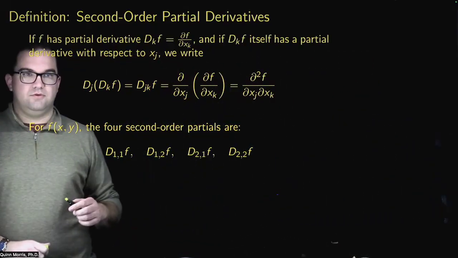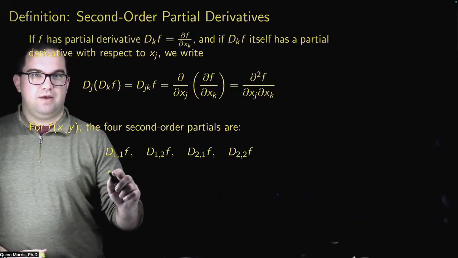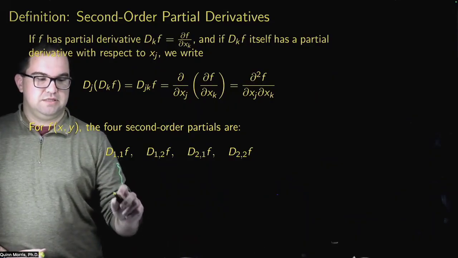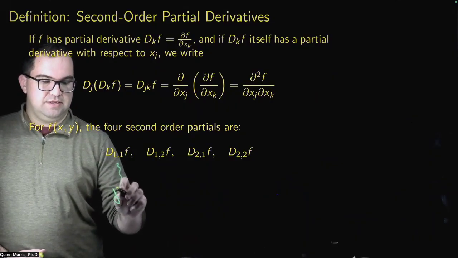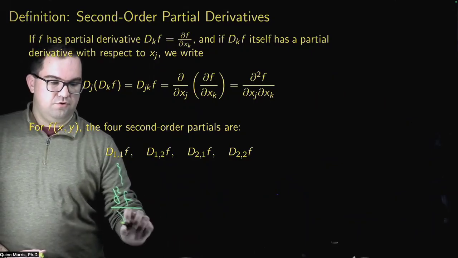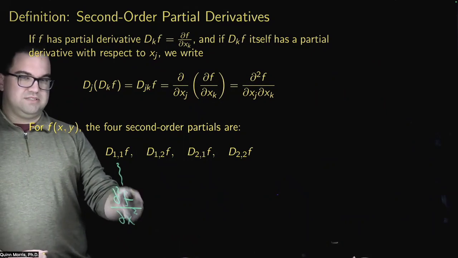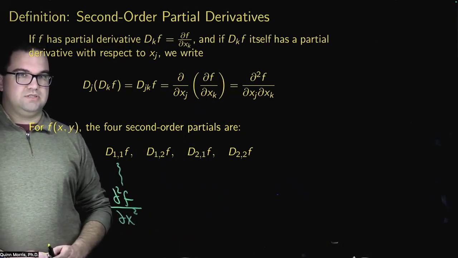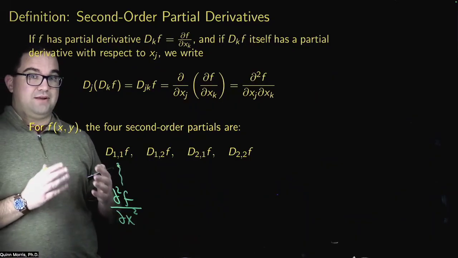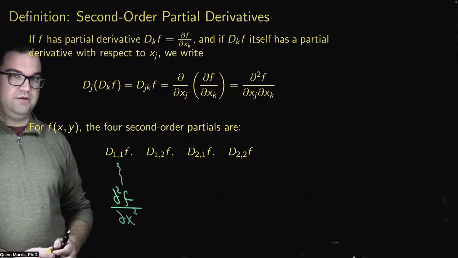Again, we could use other notation, so we might also express this, let's say, as d squared f over dx squared. So again, this looks similar to a second derivative with respect to x. These are just partial derivatives here.